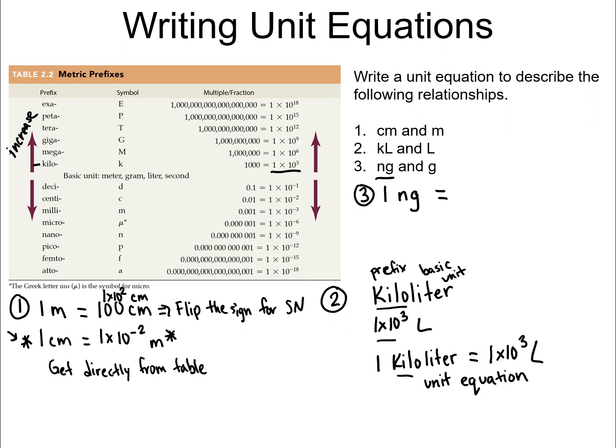Yeah, it's one of those things that takes a minute. And there's like 80 ways to explain it. I try to go through as many as possible, and hopefully one will hit. So if we're replacing the nano with what the value is from the table, what am I putting here? 1 times 10 to the minus 9 grams.